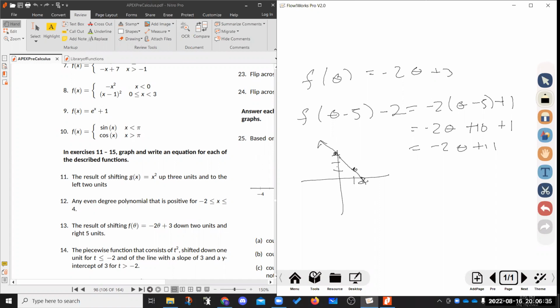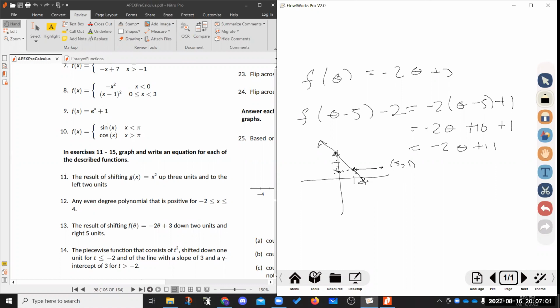We want to move this whole graph down 2 and right 5. So this becomes (5, 1). And that's right.